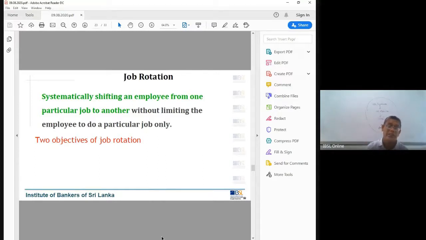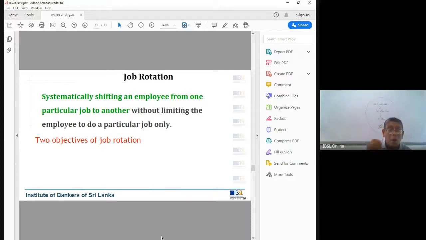Every organization, every bank must follow job rotation. Thereby you are learning something else. Not only what you have done so far, now you are doing something different. So you gain extra knowledge.